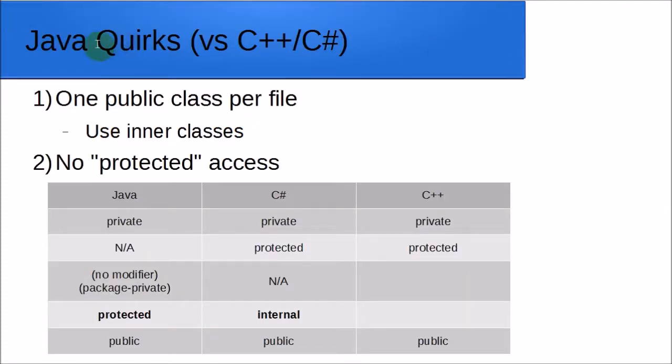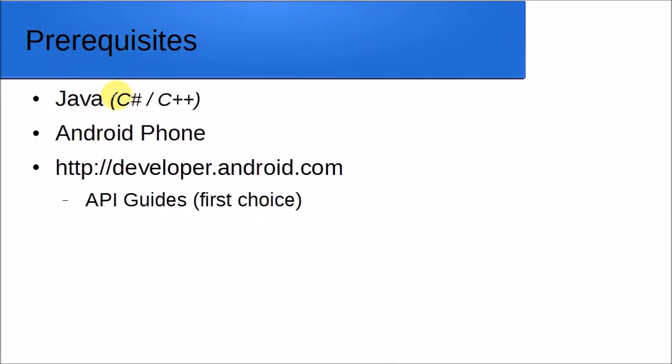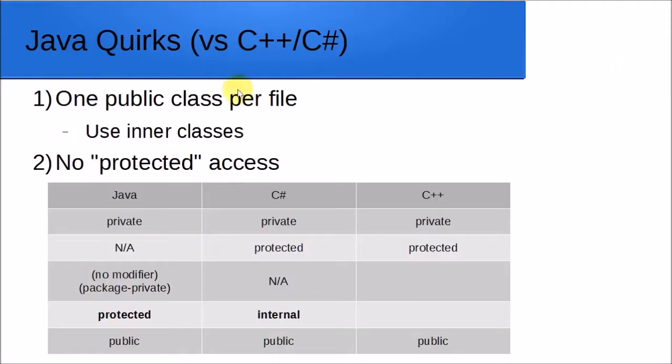This is about two of Java's language cores, because in the prerequisites I mentioned that I'm using Java, but if you just want to follow along, C# or C++ would do. So the two things unique about Java versus C++ or C#. One thing is that they only have one public class per file.